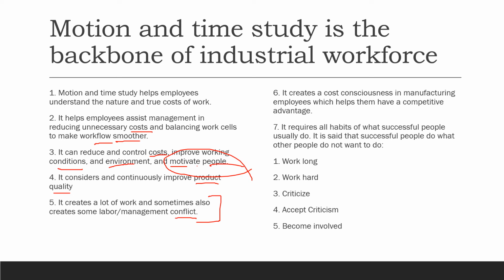So there is always a conflict in how each person works. They're all different, even in the management. It creates a cost consciousness, which helps them have a competitive advantage. That's just a big word. Meaning we have to survive.